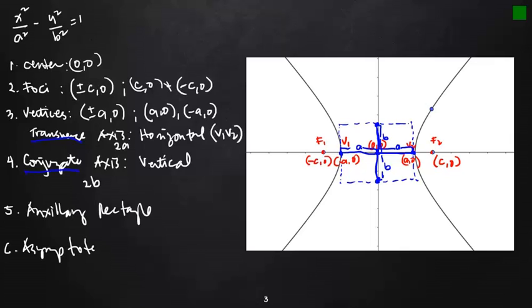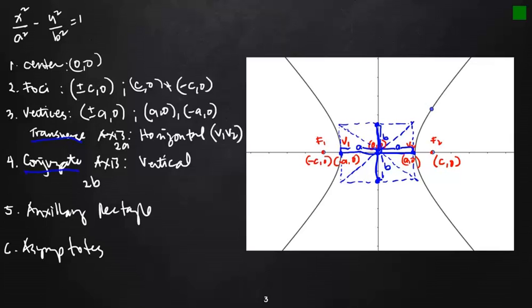The asymptotes are lines which the branches of our hyperbola tend to get closer and closer to as they are extended. These asymptotes are the extended diagonals of our rectangle. When we draw the diagonals of our rectangle, this is one of the diagonals, and this is another diagonal of our auxiliary rectangle.